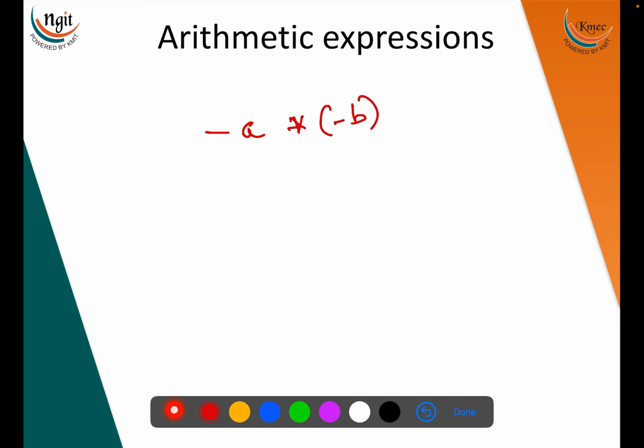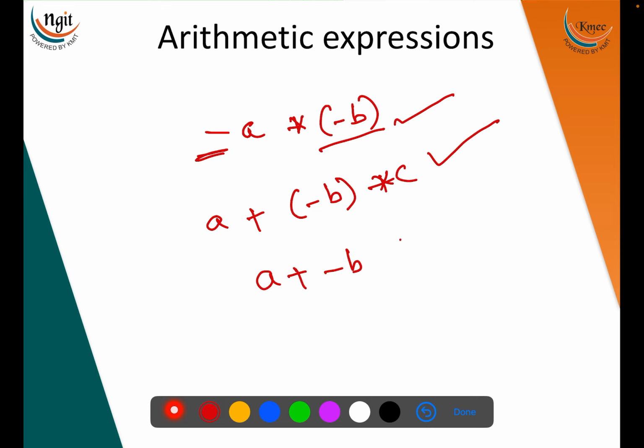So unary minus can appear before the variable, that is at the beginning of the expression. If it is written in the middle of the expression, it will be in parentheses. So it is legal. What is legal? Writing a plus parentheses minus b into c is correct. But if I write a plus minus b into c, usually it is wrong.